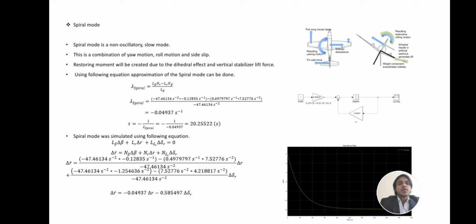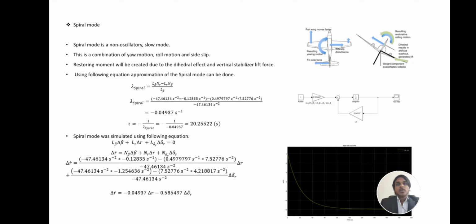The Simulink model for the spiral mode is shown in the middle figure and the response in the last. From the graph, we can see that the response of the F-104A to a step input from the aileron and rudder tallies with the spiral mode approximation.